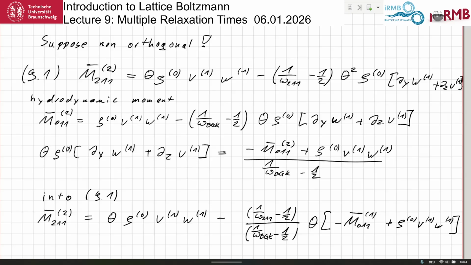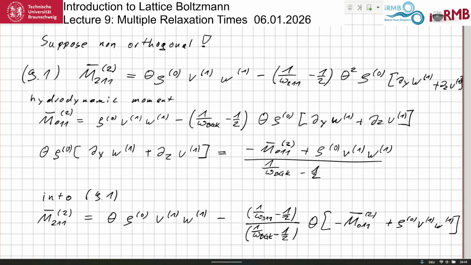So what's the problem with this? Well, there is something that's given by physics. This one is second order, you're right. But this thing here is given by physics. That's the shear rate. So this thing exists, and it's not necessarily small.